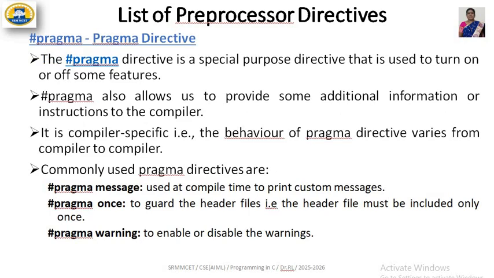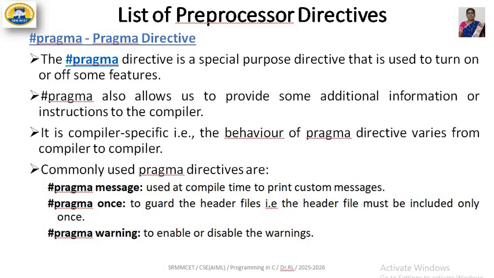Next and finally, the #pragma preprocessor directive. The pragma directive is a special purpose directive that is used to turn on or turn off some features. The #pragma also allows us to provide some additional information or instruction to the compiler. That is, the pragma directive is compiler specific, and its behavior varies from compiler to compiler.